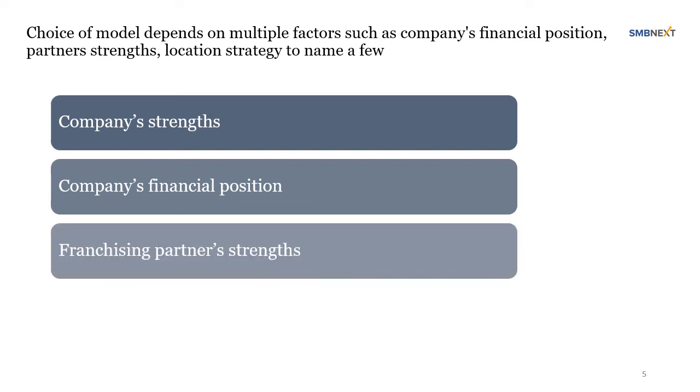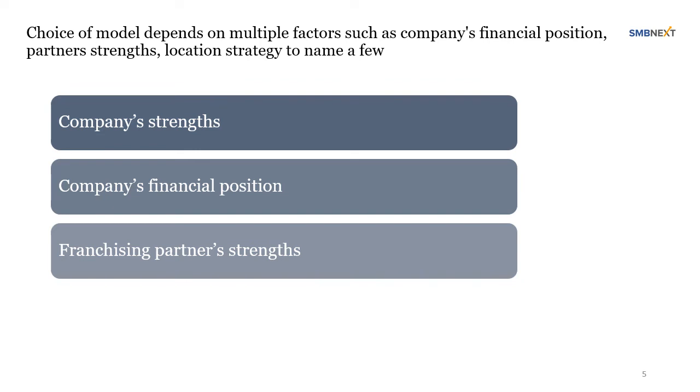So that's the company's financial position. The third one is franchising partner strengths. This is very important. There are certain franchising partners or business partners that, as a brand, you will find have certain strengths. They could be running their own retail stores, so they have experience in running offline retail.